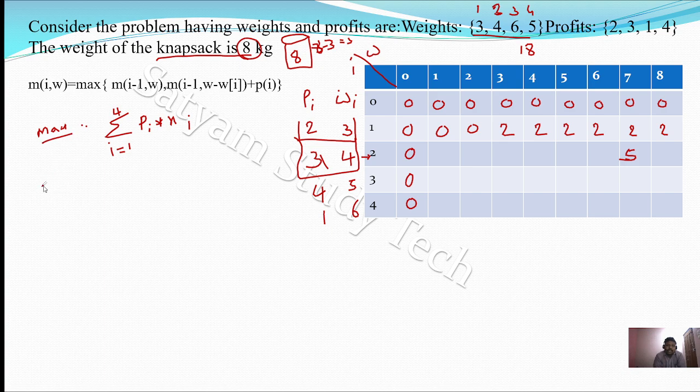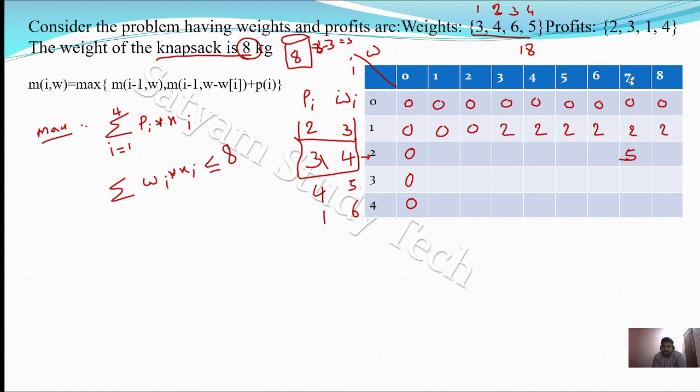What is the constraint? The condition is the sum of w of i into xi less than or equal to the bag capacity. For example, here the bag capacity is 8.